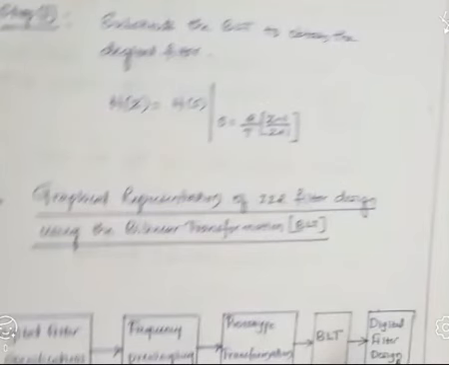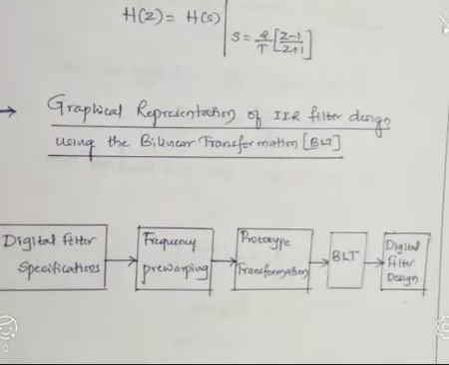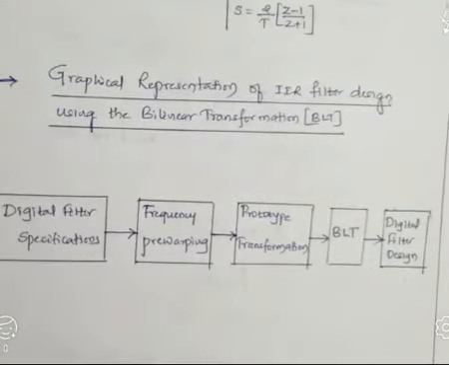Designing of a Butterworth filter, or any IIR filter, using bilinear transformation. We have to see this in the diagram. These steps we will discuss in a graphical manner. So what is the first step?